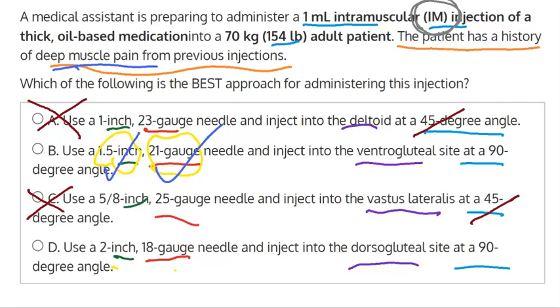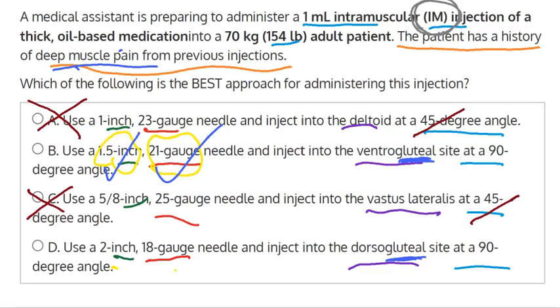So we want to create a better experience for this patient, and by using a smaller needle, that is appropriate. Also, going into the gluteal muscles typically works better when you have a large oil-based medication that we're talking about here. It usually is going to be safer for a thicker medication.